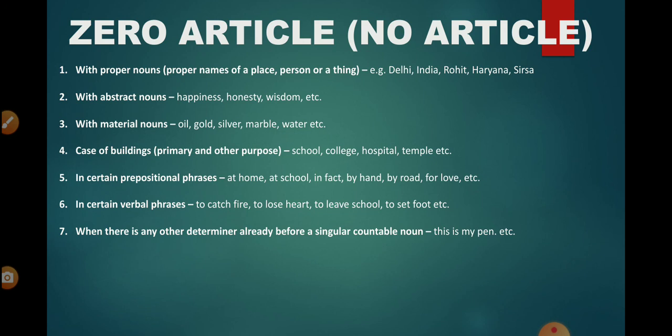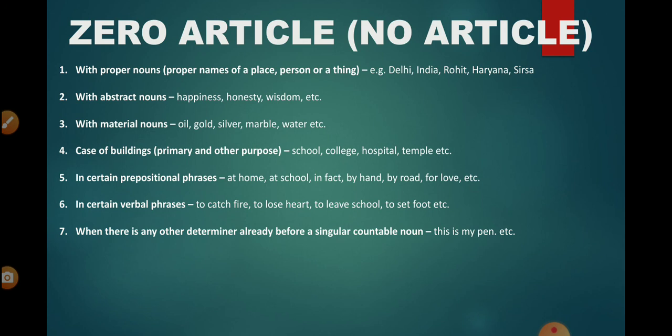The next rule is quite an important rule, and in many exams, questions based on this rule appear. The case of buildings. Buildings mainly have some primary function, some primary purpose, and the same buildings can be used for some secondary or other purpose.